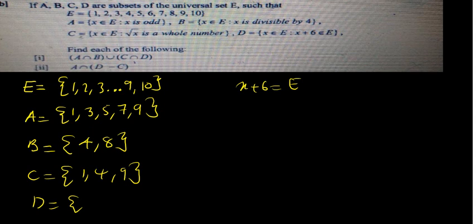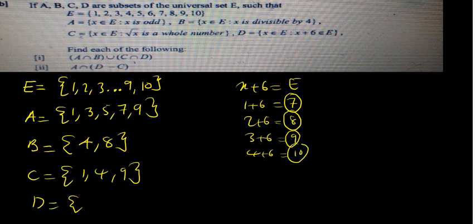So you can start with 1 plus 6, that is 7. 7 is part of the universal set. 2 plus 6, that is 8, part of the universal set. 3 plus 6, that is a 9, part of the universal set. 4 plus 6, that is a 10, part of the universal set. If you say 5 plus 6, it will not be part of the universal set. So the only numbers we're talking about are 1, 2, 3, and 4.